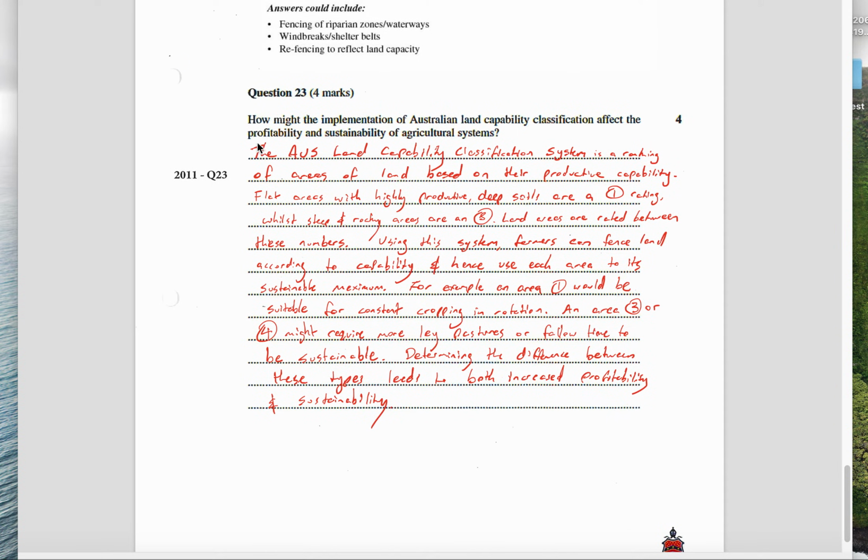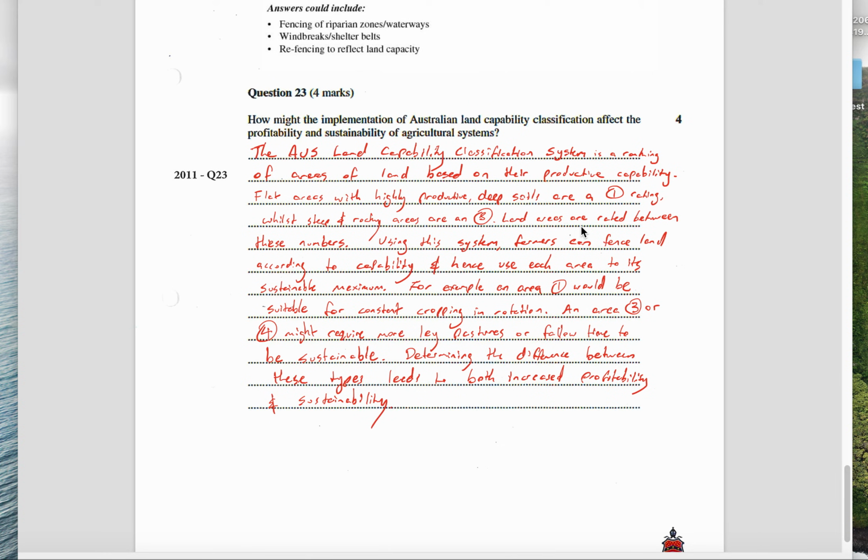This last question here from 2011: how might the implementation of Australian land capability classification affect the profitability and sustainability of agricultural systems? So the Australian land capability classification system is a ranking of areas of land based on their productive capacity. So flat areas with deep soils are highly productive and are rated 1, while steep rocky areas are 8.